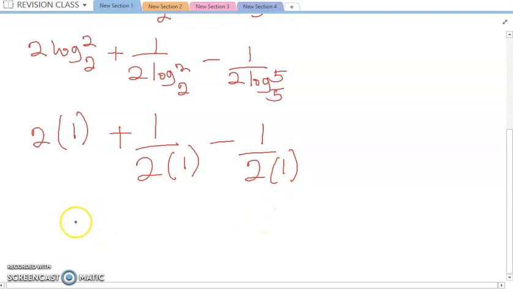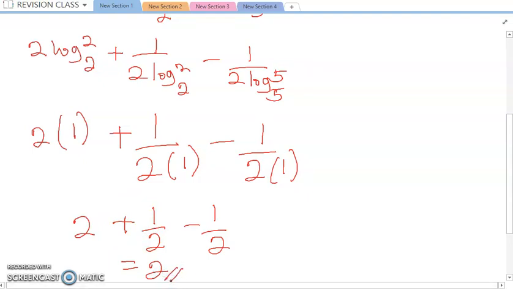So finally we have 2 plus 1 over 2 minus 1 over 2. Plus half minus half will give us 0. So the final answer to that question will be 2. That is the solution to this question from the past question in that year. That is how you solve it.